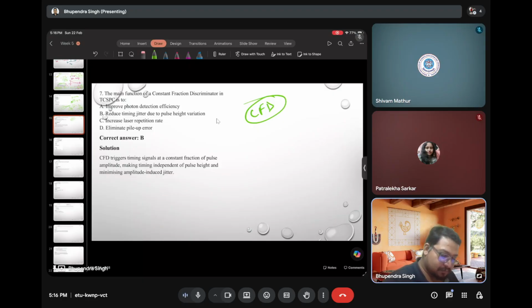Just you need to know what this CFD does in your TCSPC instrument. Yes, reduced time jitter due to the amplitude jitter.